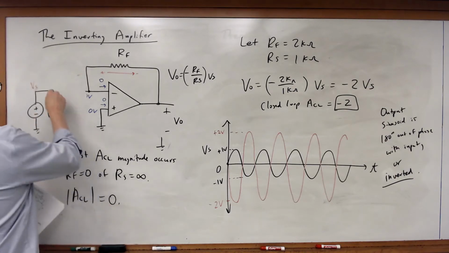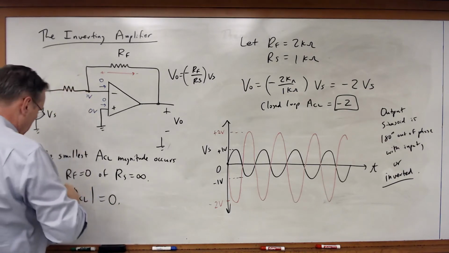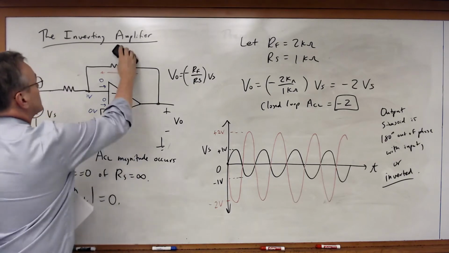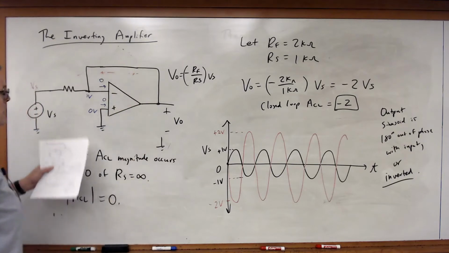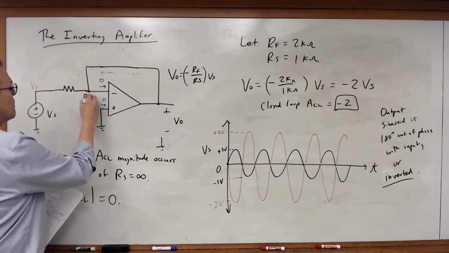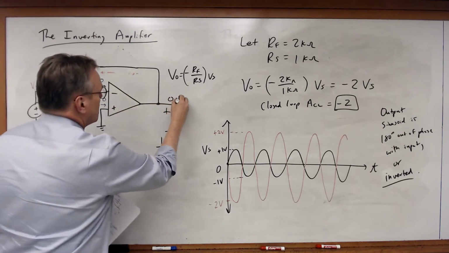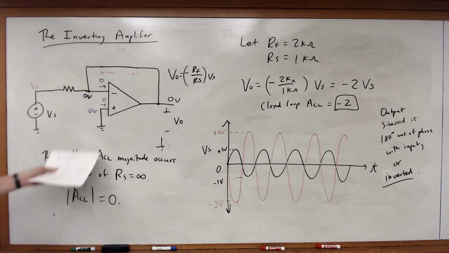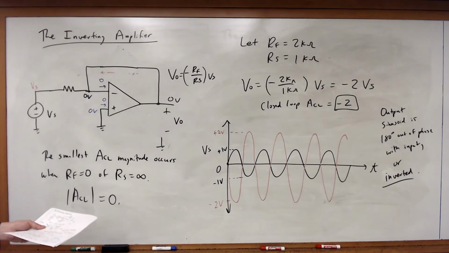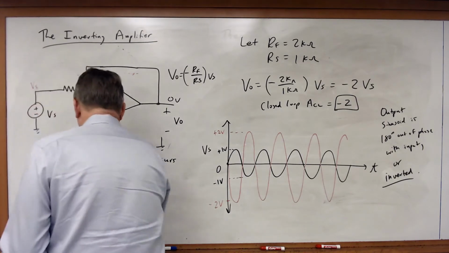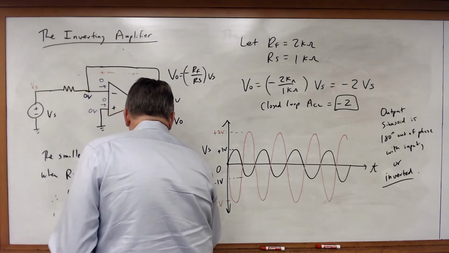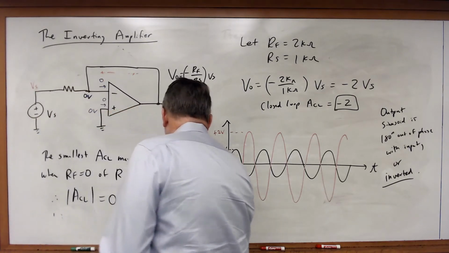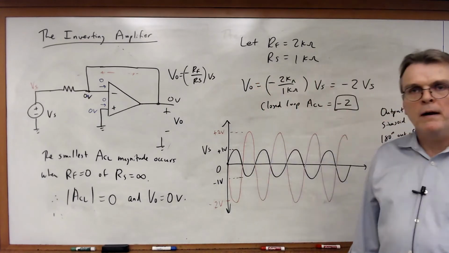Or I can leave the resistor here and I can short together RF. Well, in this case, if this is 0, that's 0 volts. It's the same wire, and once again the output's 0 volts. So either way, the output voltage is just equal to 0. ACL is equal to 0. Okay?